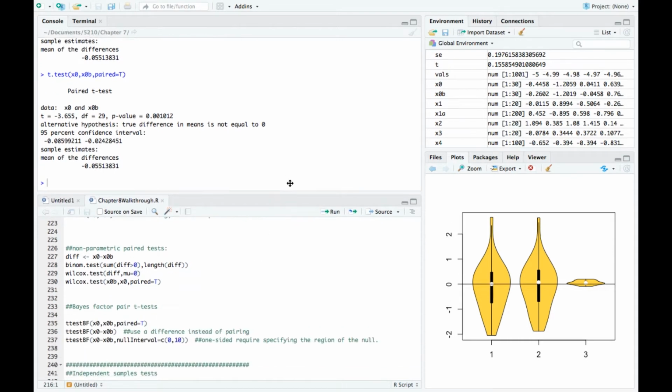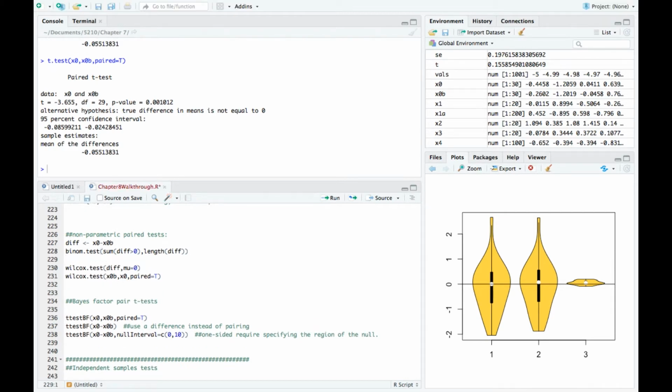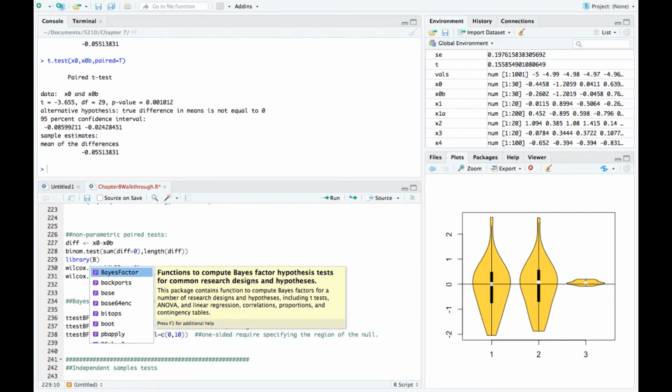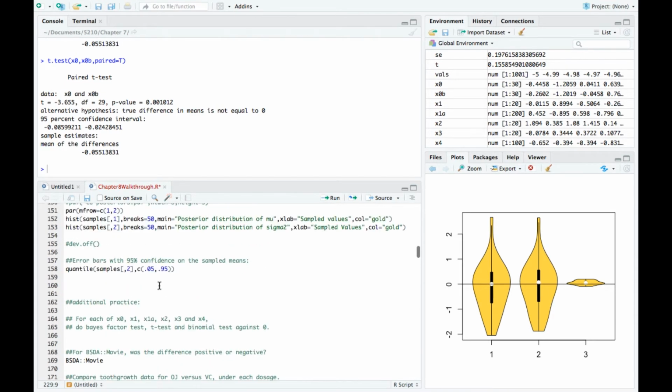All right, so the same thing can be done with all the different varieties of t-tests. But previously we'd done a sign test or a binomial test. And so if we load this library again, basic, what was this called?